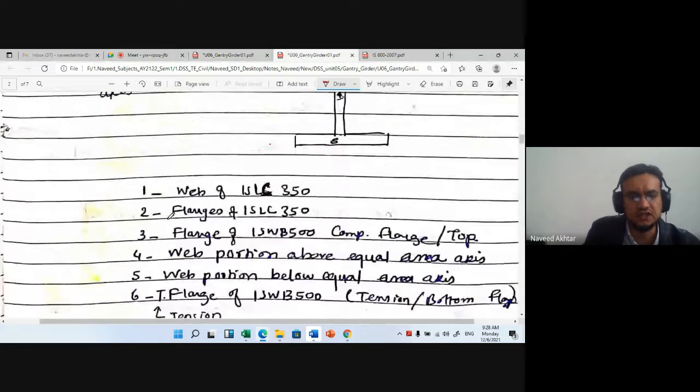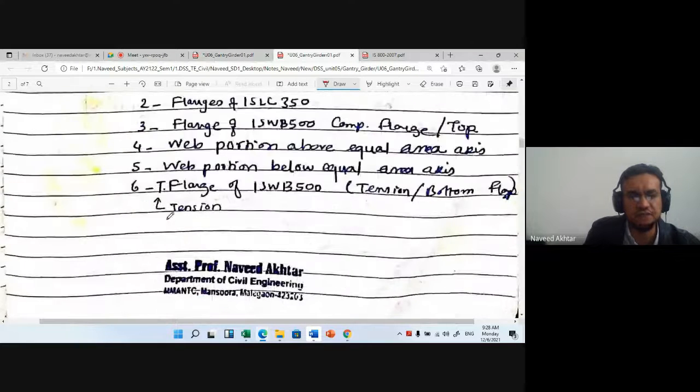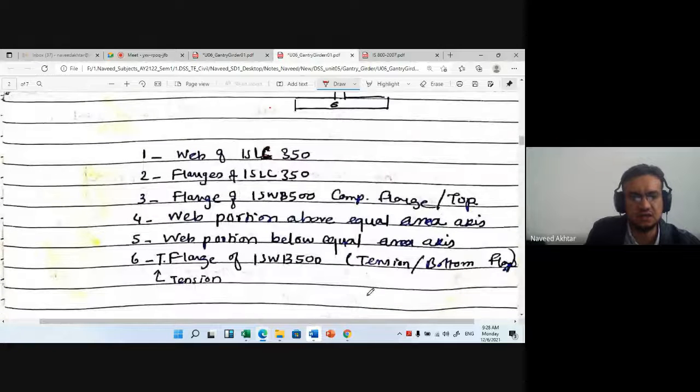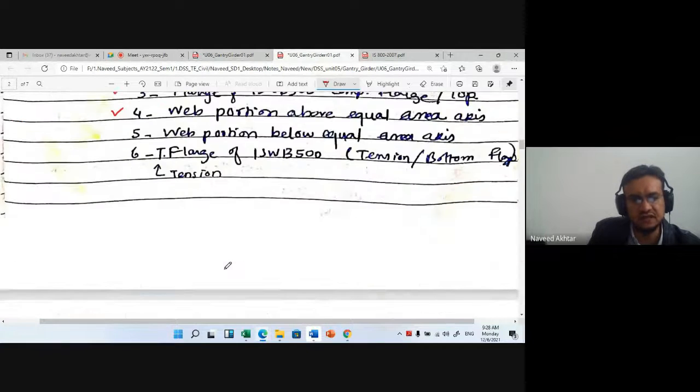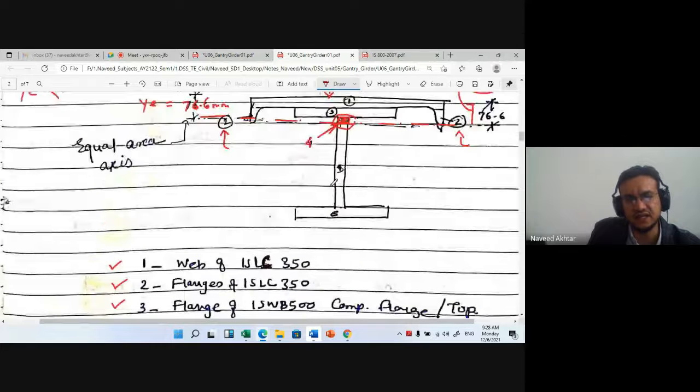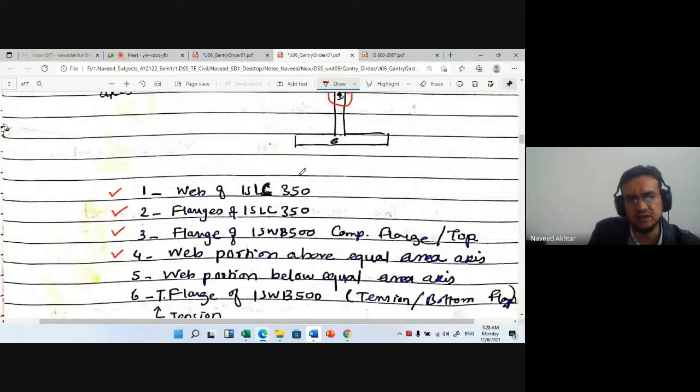So in this case we can find out the ZP. Now we know what all is in it: first the web of ISLC 350 on the upper side, the flange of ISLC 350 also on the upper side, the flange of ISWB 500 is the compression flange, top flange, then the web portion of ISWB above the equal area axis, the small area, that 4 number we have given here, then the web portion below the equal area axis is this one, then the 6th, the bottom flange of your channel section.